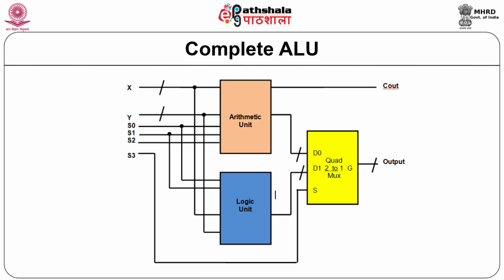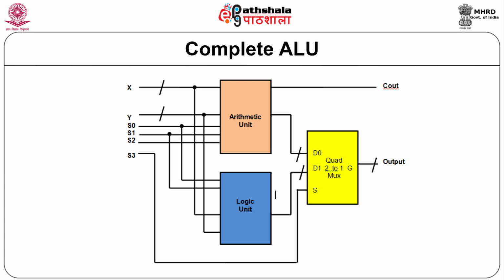The complete ALU diagram integrates both AU and LU. Arithmetic unit performs the arithmetic functions and logical unit performs the desired logic functions on 4-bit xi and yi decided by the select lines.